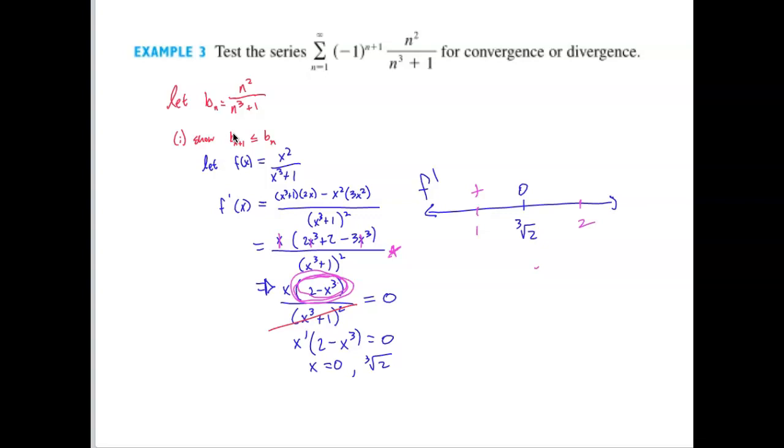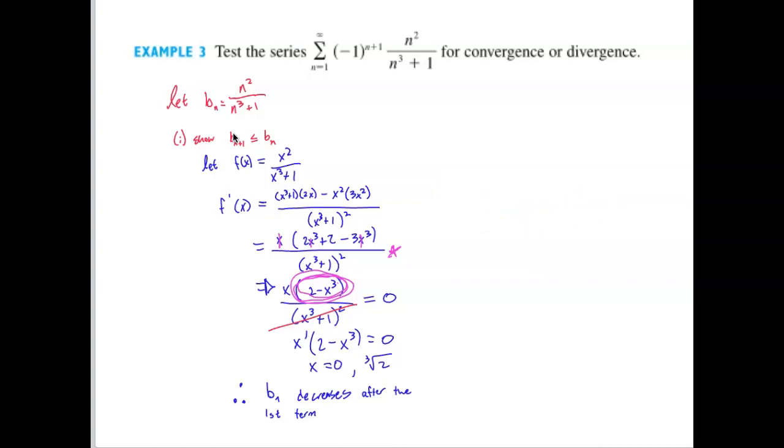So it's going to be negative. So that means f is decreasing. So what we've proven, therefore, is b sub n decreases after the cube root of 2, so after the first term, right? All right, so finally we've satisfied that first condition.